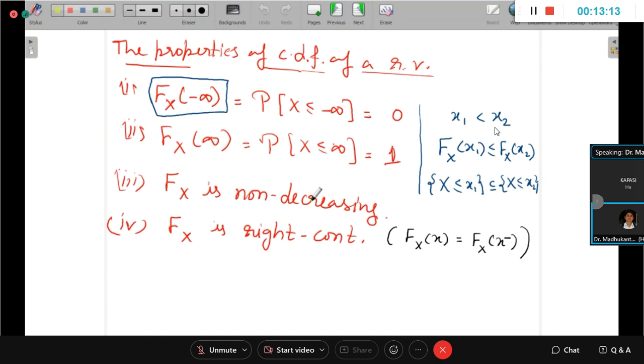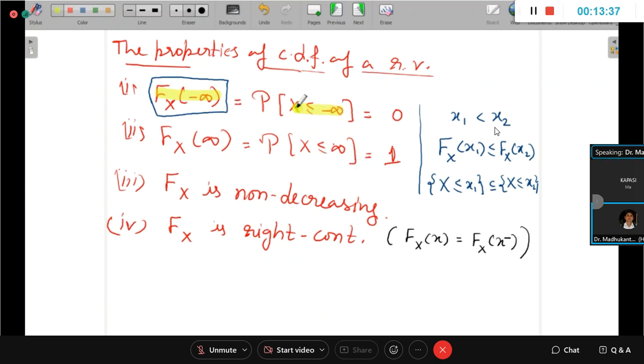Now, the very first thing which I think we have not seen in the last session is these properties. The first property is F_X at the left-hand point of the real line, which is minus infinity.